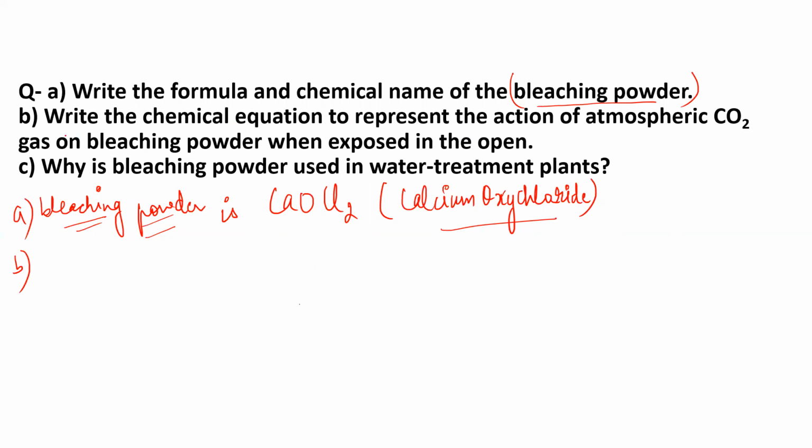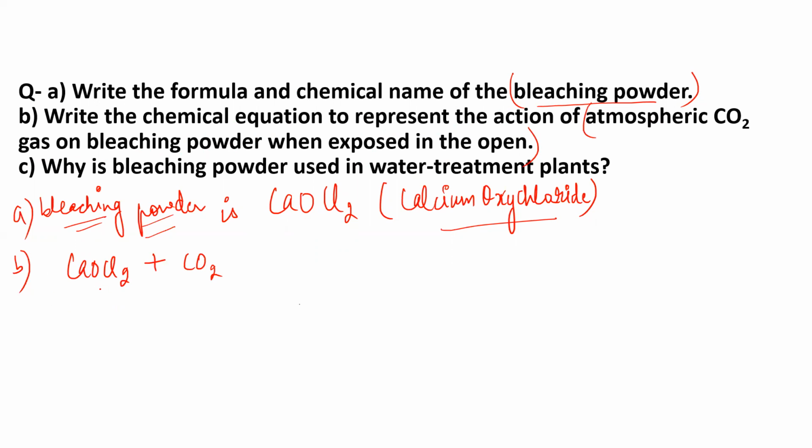Now in part B, we have to write the chemical equation to represent the action of atmospheric CO2 gas on bleaching powder when exposed in the open. So we have to represent an equation where atmospheric CO2 gas is reacting with bleaching powder when exposed in the open. For example, we have this calcium oxychloride, and we have this atmospheric CO2.